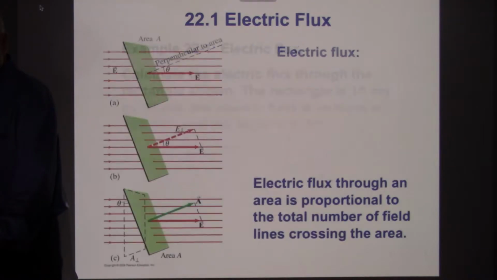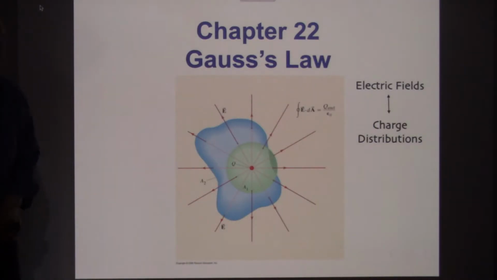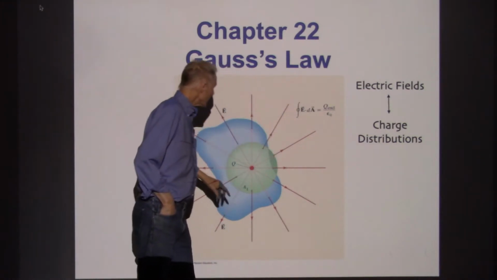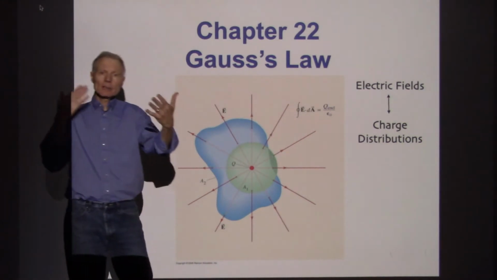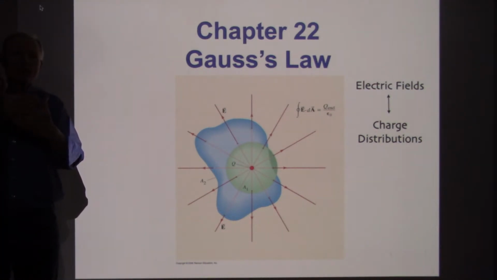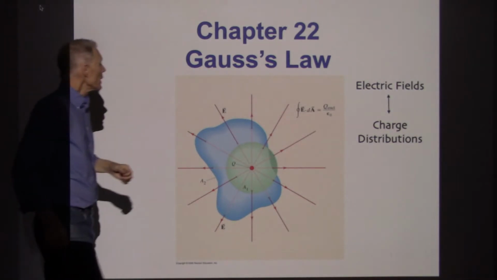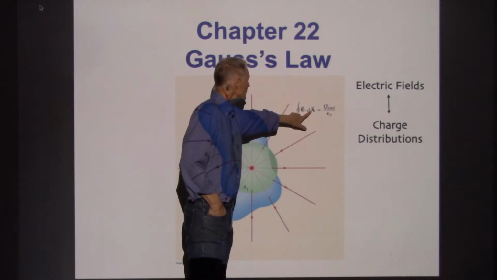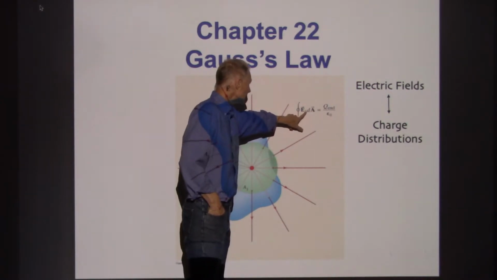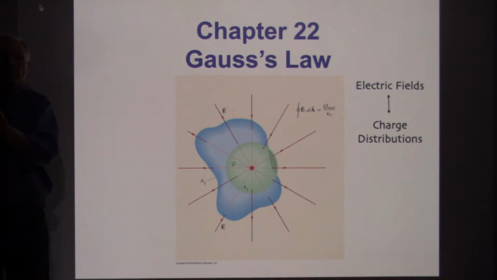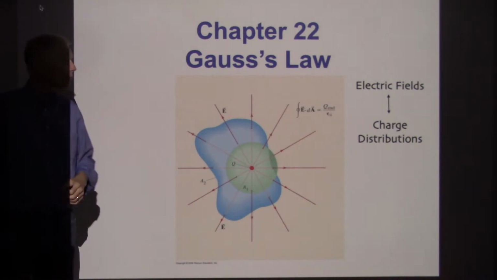And the reason why, going back to our first picture here, is that what Gauss's law is keeping track of is how many electric field lines cross the surface. Now, how many electric field lines are running along the surface? None. And so the dot product in there, see, there's the area vector, there's the electric field vector, and the dot product is making sure that we only keep the component that's perpendicular to the surface.